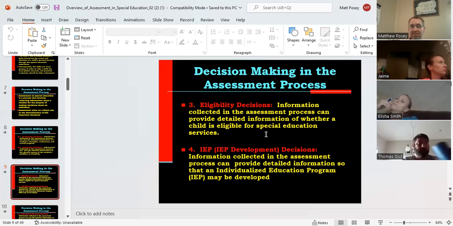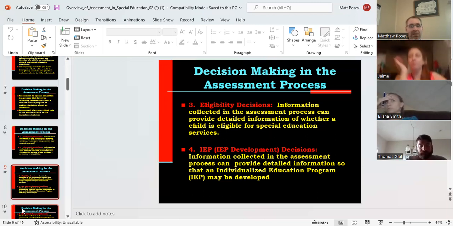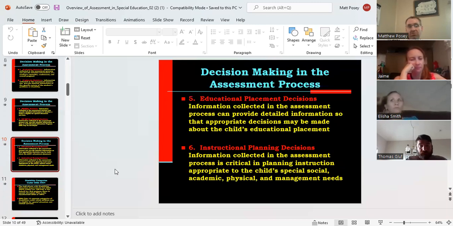Information is collected in the assessment process, and it provides enough detailed information once you review the results that you can start laying a plan for that individual child, for you, the teachers, and whether it's regular classroom or the learning lab to follow. Placement decisions, that's when it's yes, we want to place this child, no, we don't.